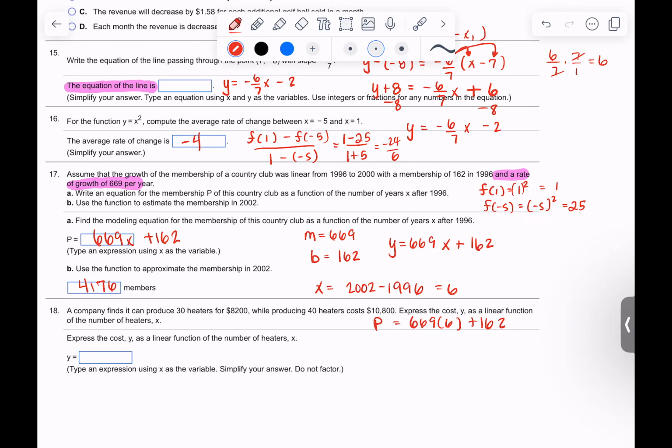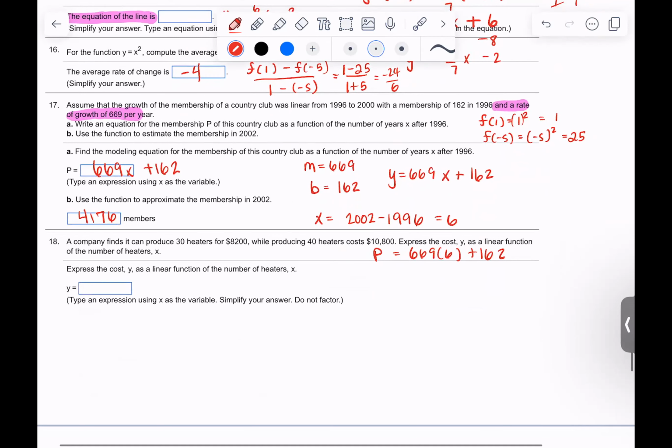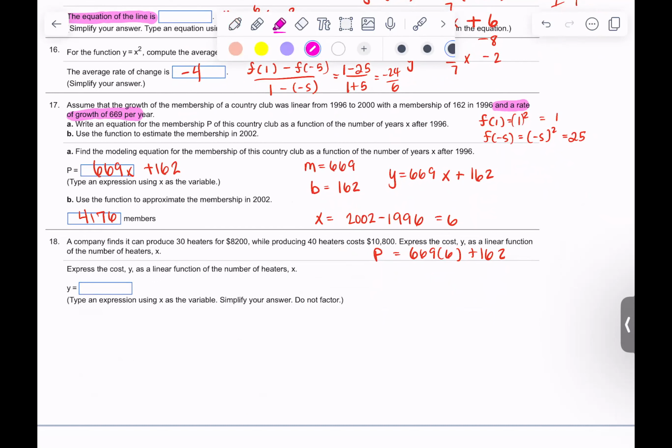A company finds it can produce 30 heaters for $8,200, while producing 40 heaters costs $10,800. Express the cost y as a linear function of the number of heaters x. So these two statements give us two ordered pairs. 30 heaters cost us $8,200, and 40 heaters cost us $10,800.